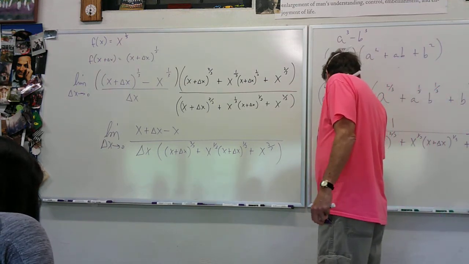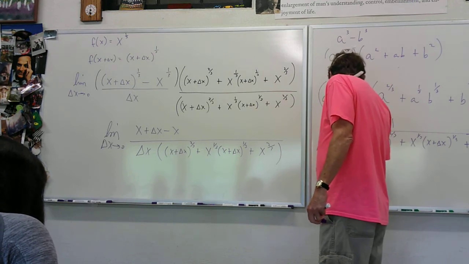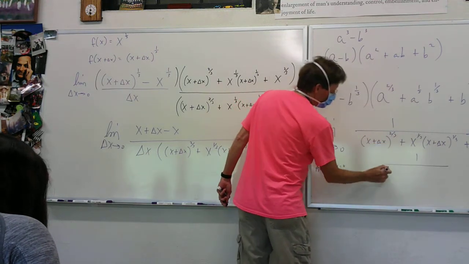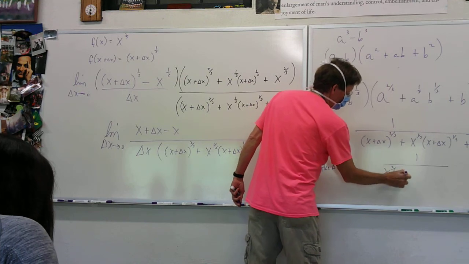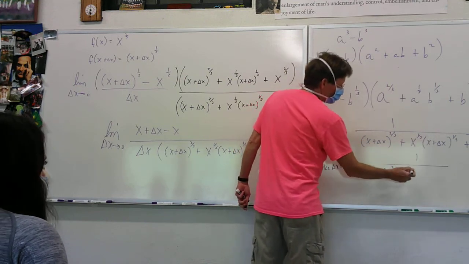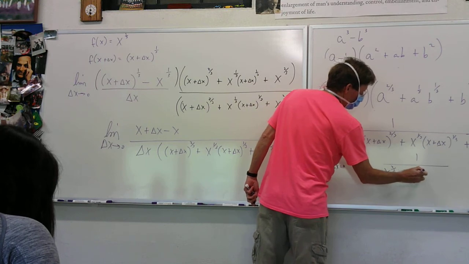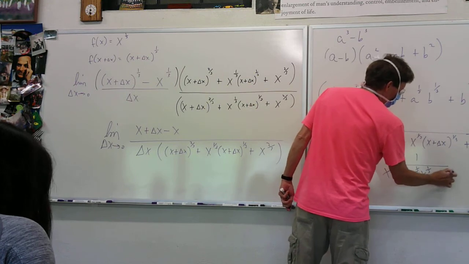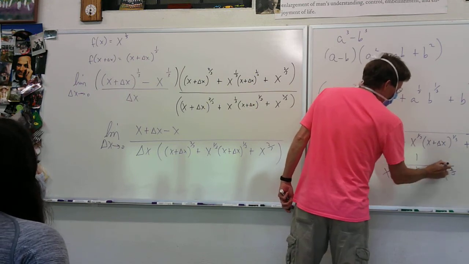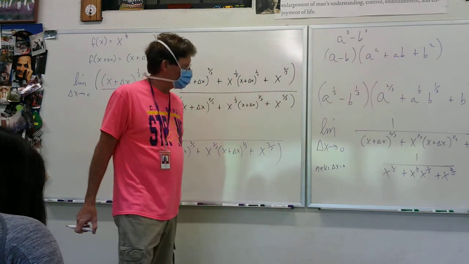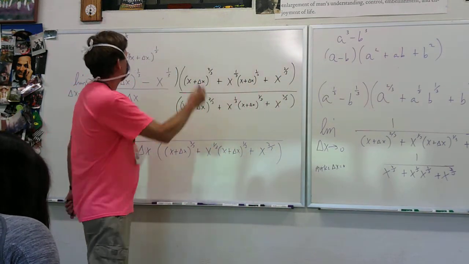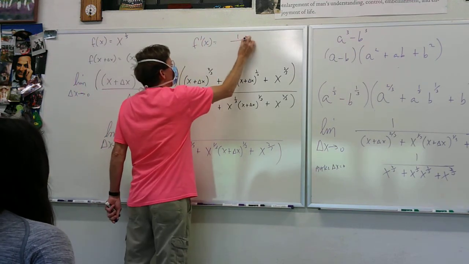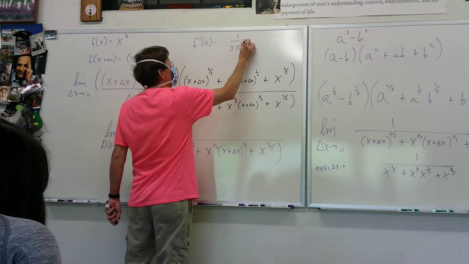Make delta x equal 0. And when you do that, you will get x to the 2/3 plus x to the 1/3 times x to the 1/3 plus x to the 2/3. And I bet everyone here knows that becomes x to the 2/3 plus x to the 2/3 plus x to the 2/3. So f prime of x would equal 1 over 3 x to the 2/3.